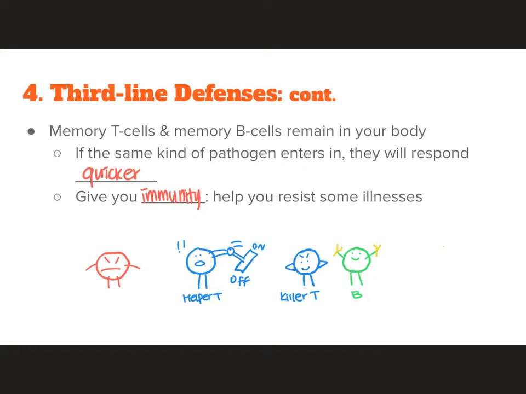So they go and put this little sticker, or the antibodies, on the pathogen, and once the killer T sees that marker, he's going to go ahead and destroy the certain pathogens that they recognize.